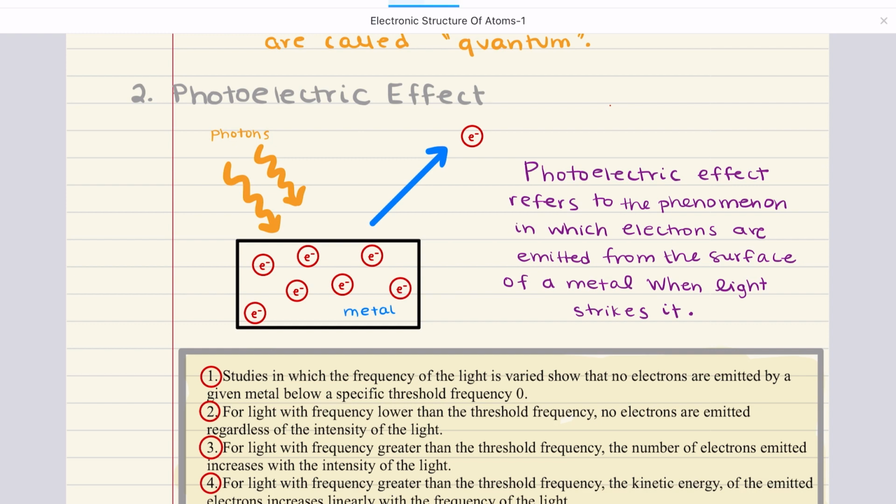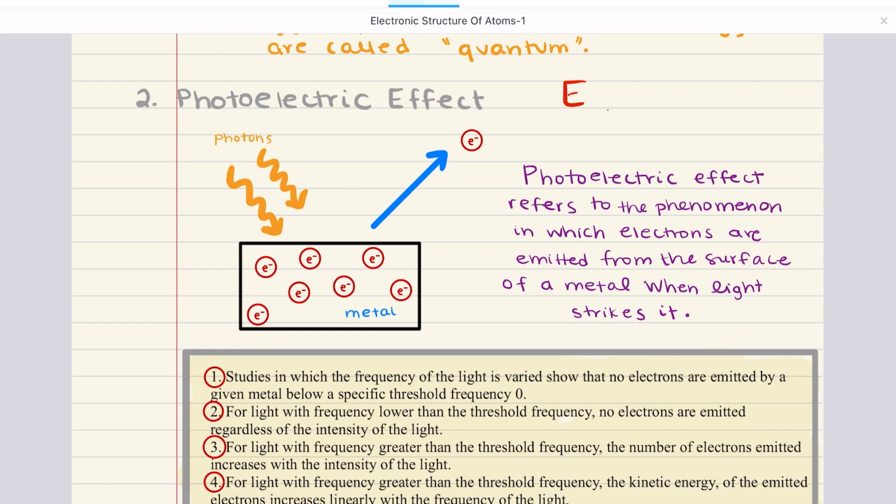Now, Einstein explained these observations by proposing that light consists of discrete particles called photons, and each photon carries a fixed amount of energy that's proportional to its frequency, and that's given by the formula we saw earlier. Energy is equal to Planck's constant multiplied by frequency.